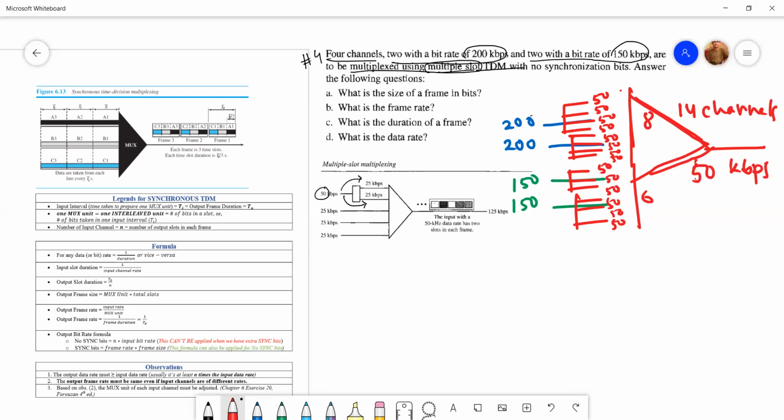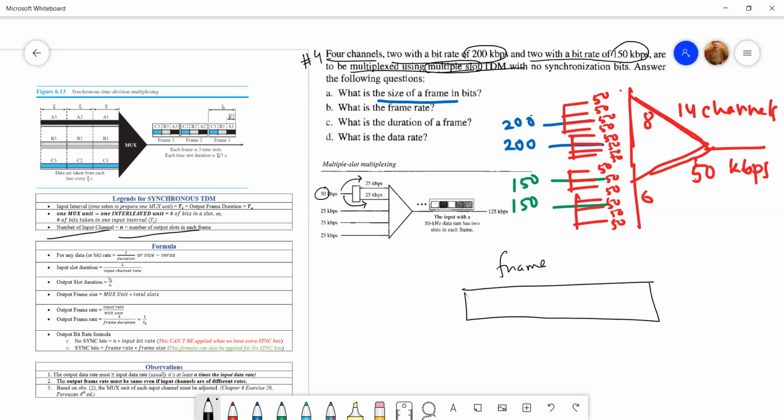What is the size of the frame? If nothing is mentioned, then you can assume that we are multiplexing 1 bit at a time. In synchronous TDM, the number of slots in a frame equals the number of input channels.